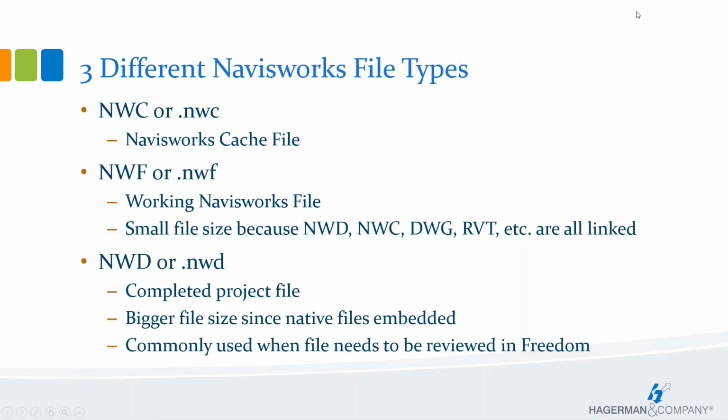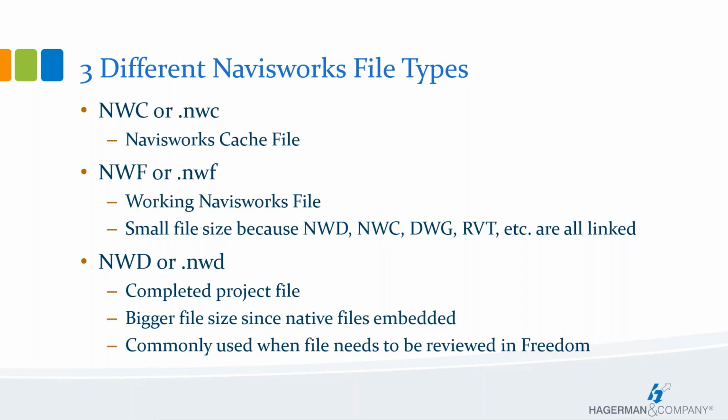So the first file type you need to know is the NWC or .nwc. This is also called a Navisworks cache file, and that is what Navisworks is reading when you open a Revit, AutoCAD, or Inventor file in Navis.